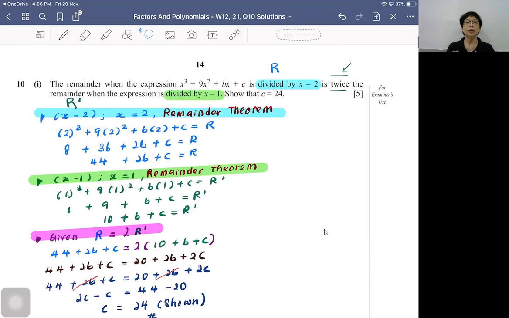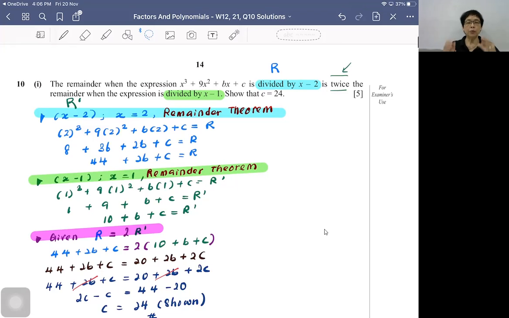Now the next one is called remainder theorem. Remainder theorem is when you are given a divisor, and from the divisor you draw out the x value. When you substitute the x value into the respective x places in the polynomial expression, you equate it to its remainder.